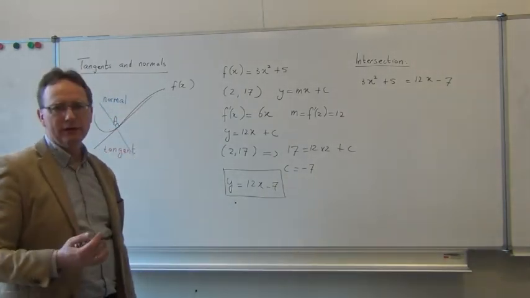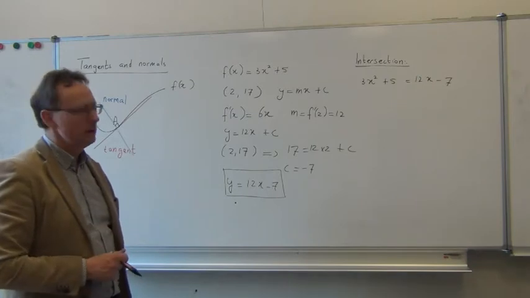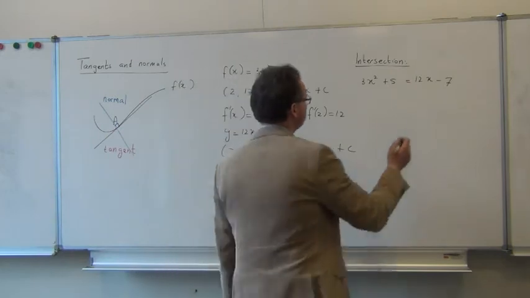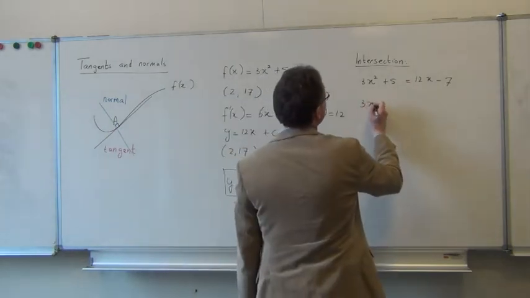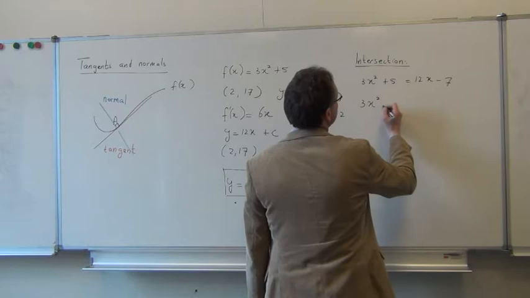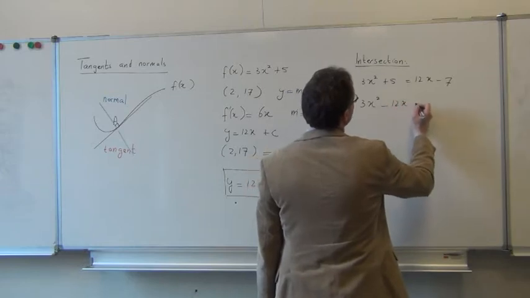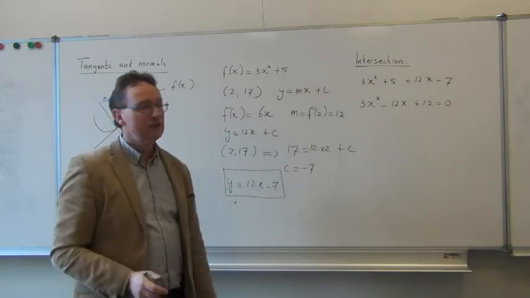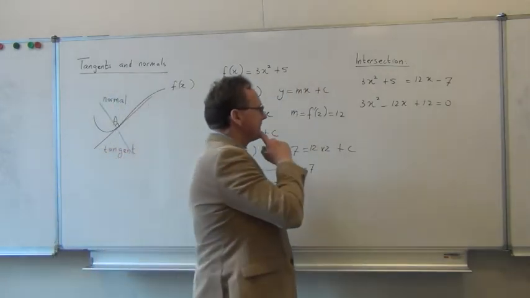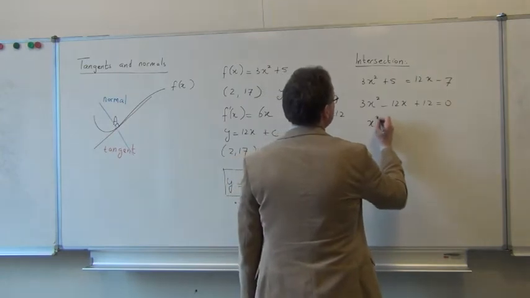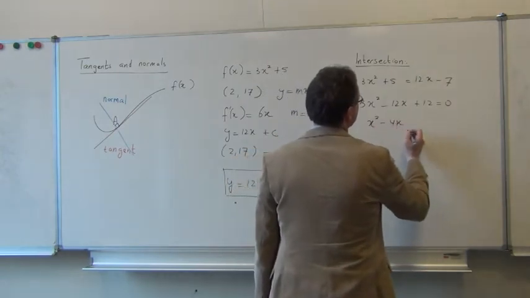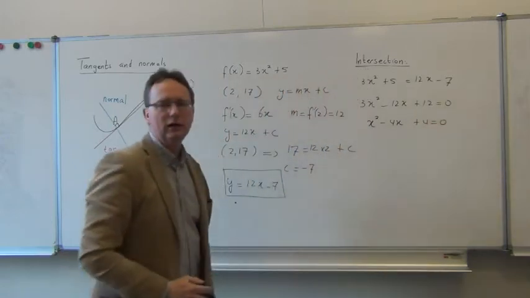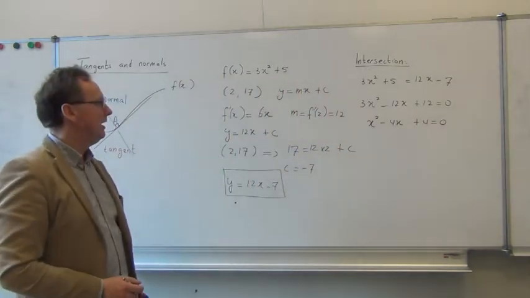Well, what was the method we learned to check the number of solutions of a quadratic equation? Look at the discriminant. So we can do some rearranging first. So we have 3x squared minus 12x plus 12 is 0. Well, you may notice that we can simplify by dividing by 3. So we have x squared minus 4x plus 4 is 0. Well, maybe you see it happening already.